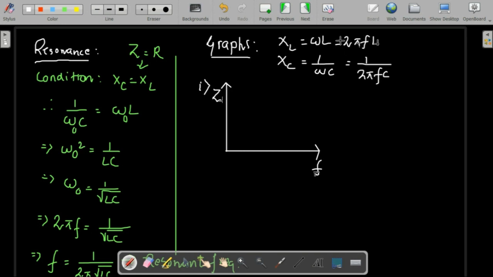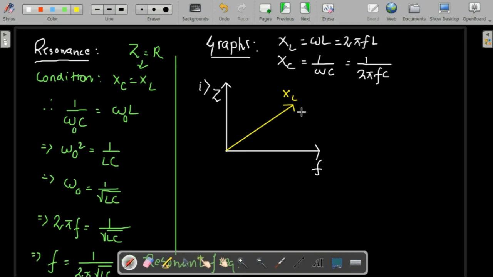So when we talk about XL, we can simply draw this. Okay, so this would be the diagram for XL, because here we can see that the impedance and the frequency are more or less directly proportional to each other, right?